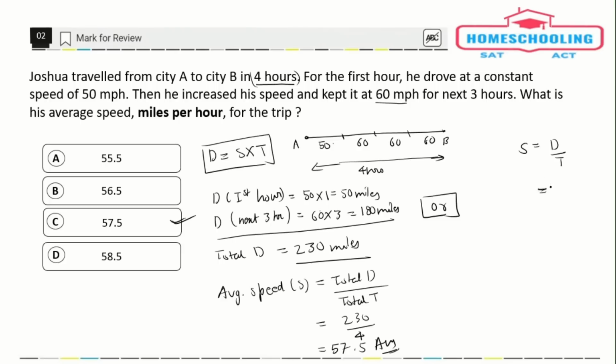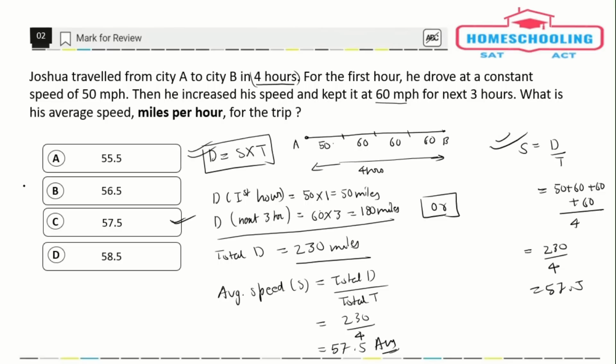So when you put the distance here, 50 plus 60 plus 60 plus 60, divided by the total time, that is 4 hours. If you calculate this, 60 into 3 is 180, and 50, 230 divided by 4. So 57.5. So this is your shortcut method, and this is your normal method.